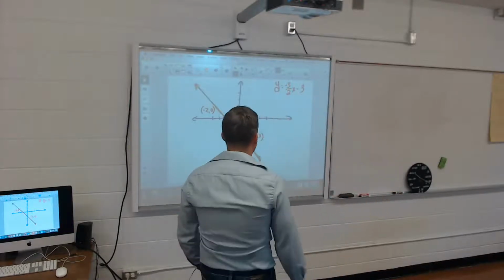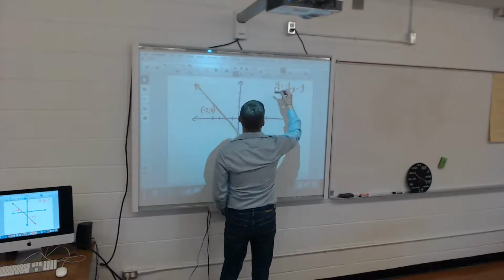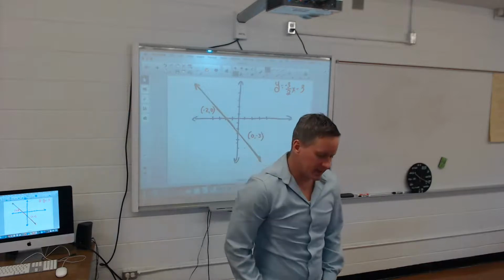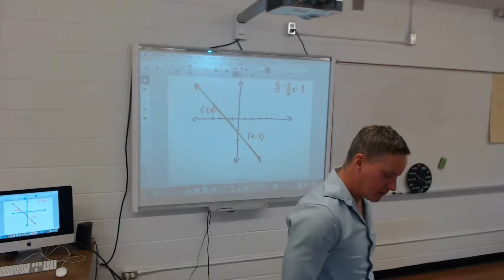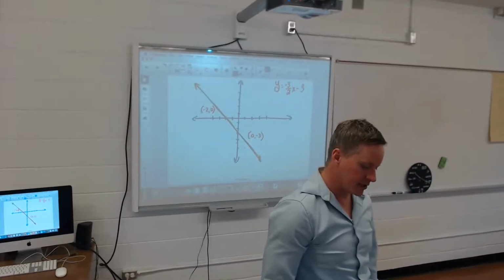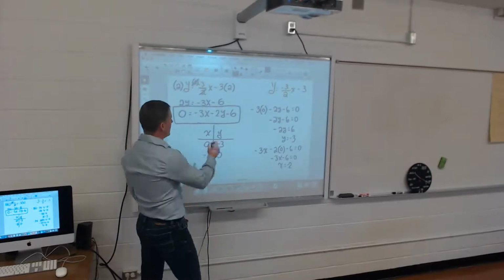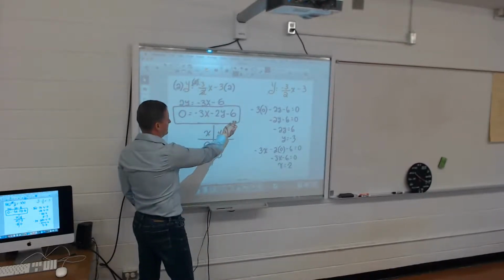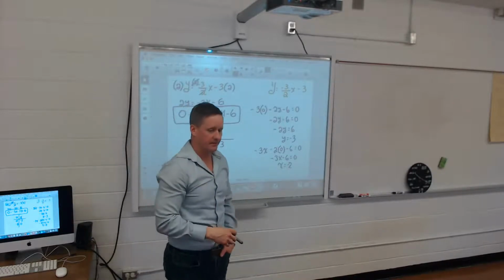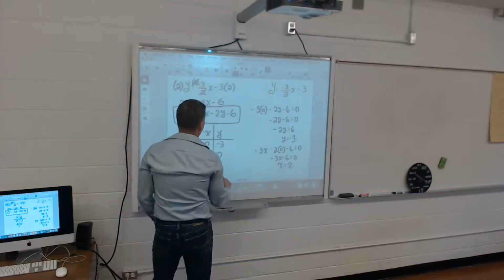Okay, I'm going to look at D and E now. Okay, D says this. Explain how the equation 3x plus 6 equals 0 differs from the linear equation in part A. So let's have a look at part A. So in part A, I have negative 3x minus 2y minus 6 equals 0. I'm going to make a note of this because everybody always wonders what happens.